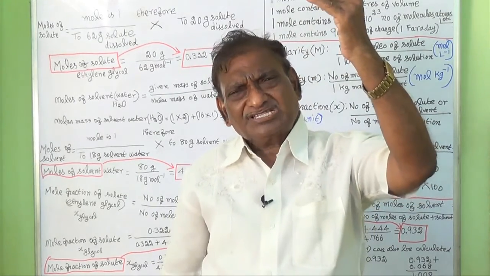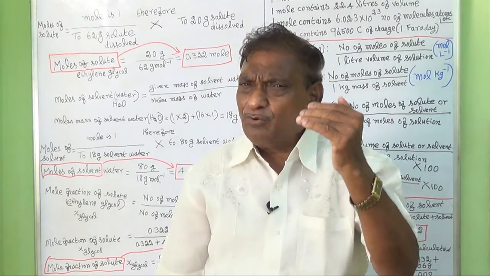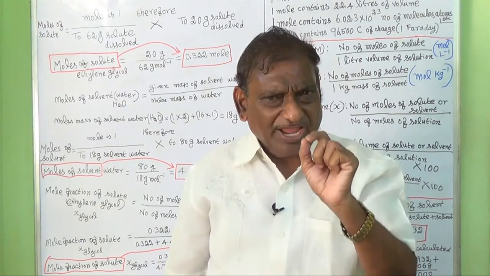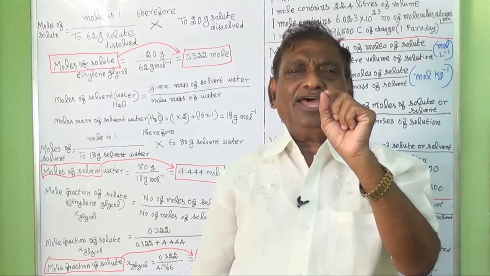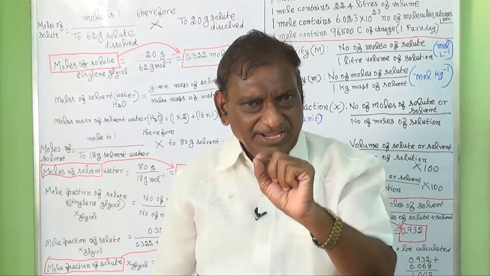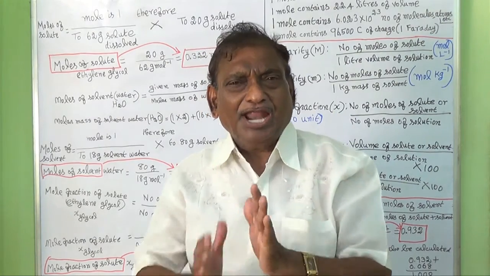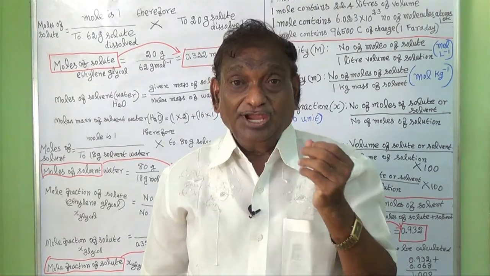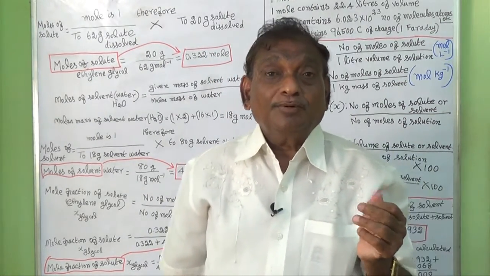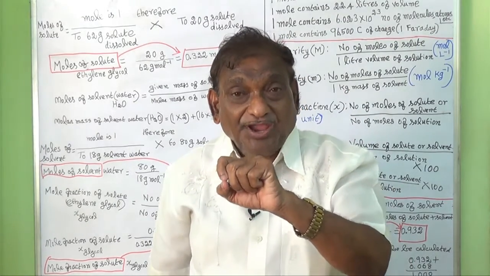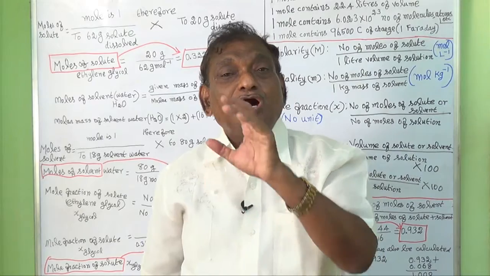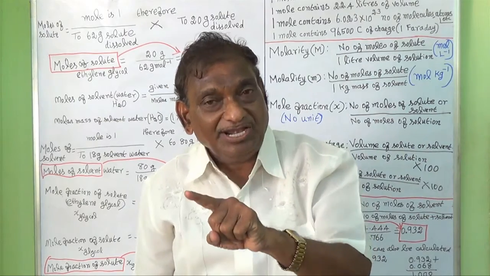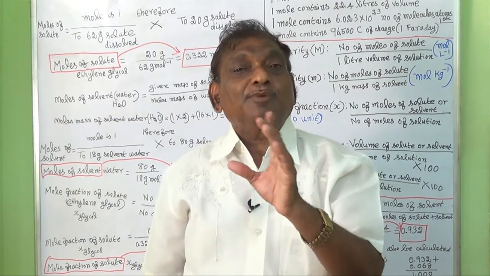From the above discussions, what have we confirmed? It is confirmed that in order to find the mole fraction of the solute or solvent, we have to find the number of moles of the solute and the number of moles of the solvent. In order to find the number of moles of the solute, we have to find the molar mass of the solute. In order to find the number of moles of the solvent, we have to find the molar mass of the solvent.